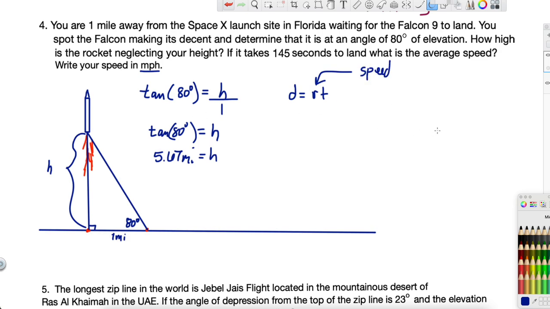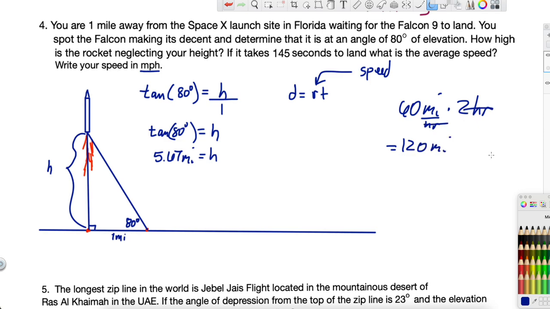So if you think about it, if you're on the highway and you drive 60 miles per hour for 2 hours, right? 60 times 2 is 120, you're going to drive 120 miles, right?